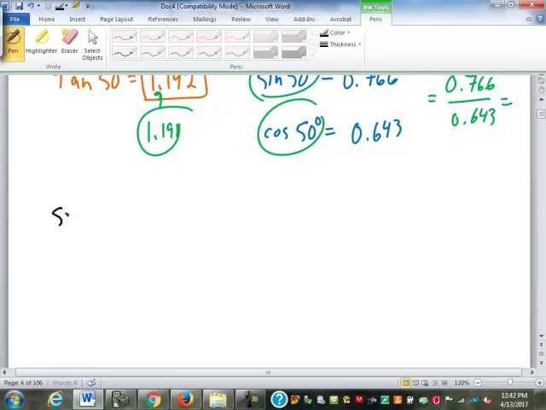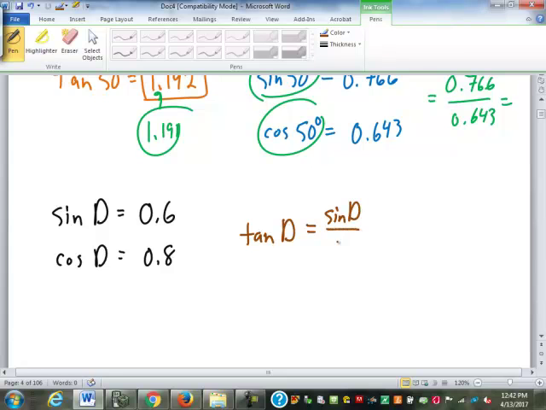For example, let's say I tell you that the sine of angle D is 0.6 and the cosine of angle D is 0.8. What's the tangent of angle D? Sine D over cosine D. So yes, 0.6 over 0.8, which is 0.75.